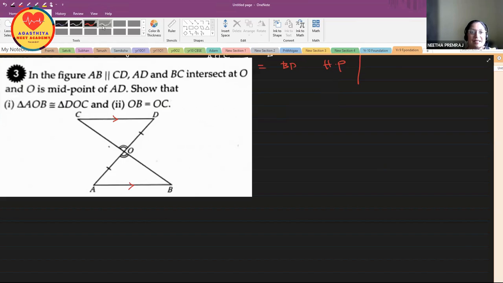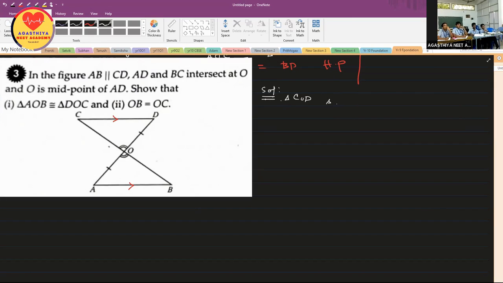Now, what are the two triangles to be considered? Triangle COD and AOB.